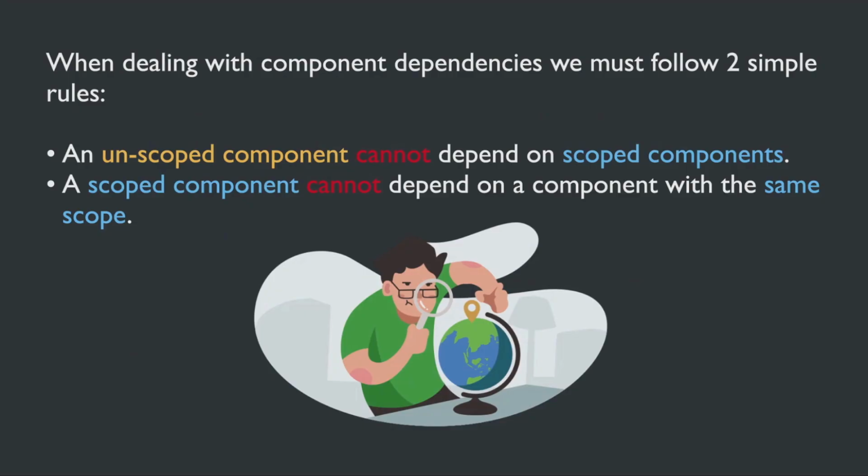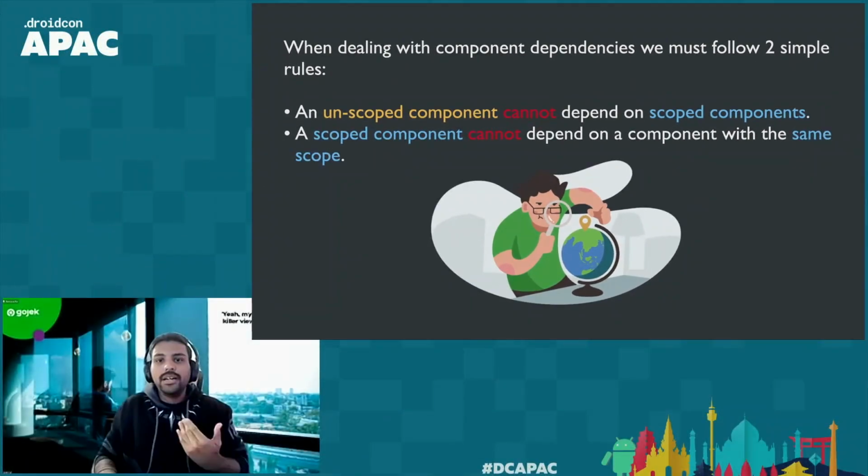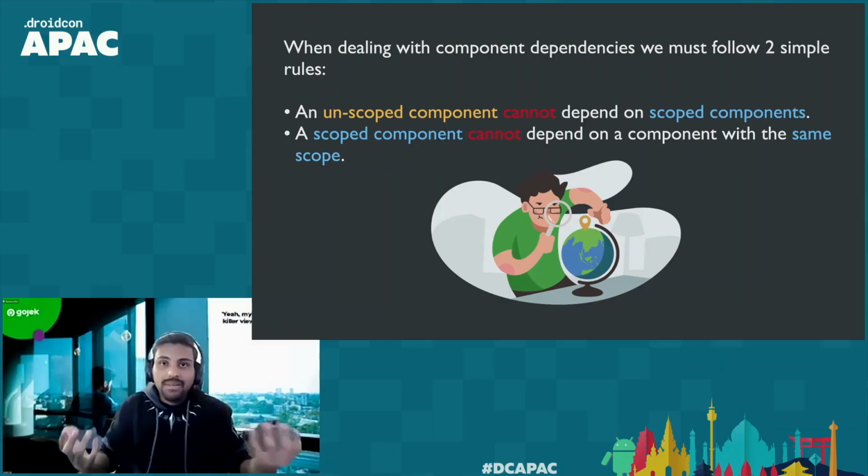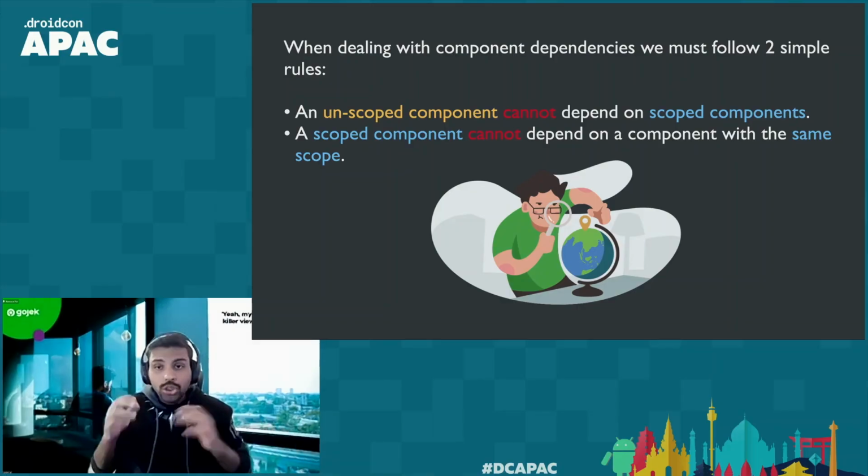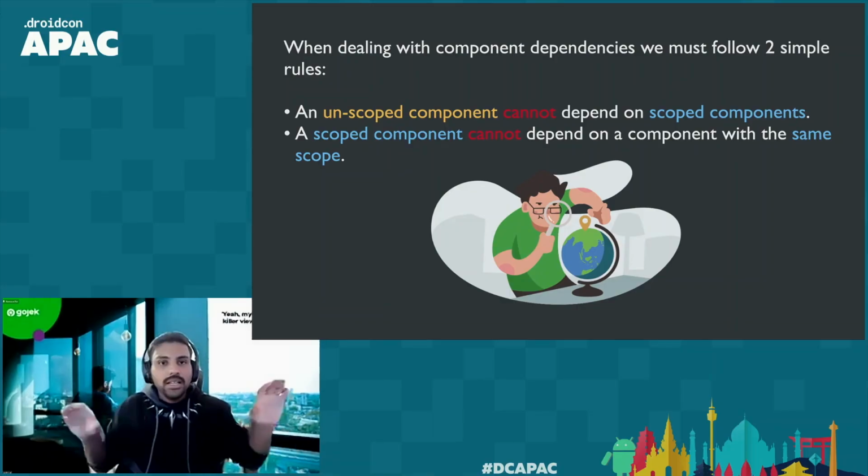And also remember that a scoped component cannot depend on a component with the same scope. So if I had something like feature one scope, which is added to a feature one component, and we have feature one component magic, which also has the same scope, these two components can't talk to each other.